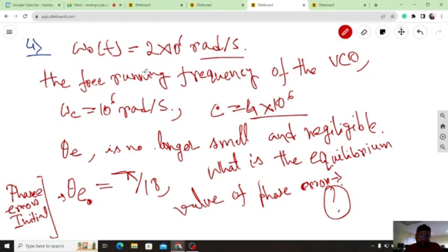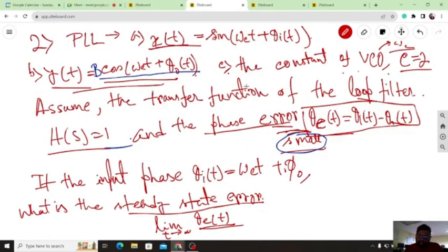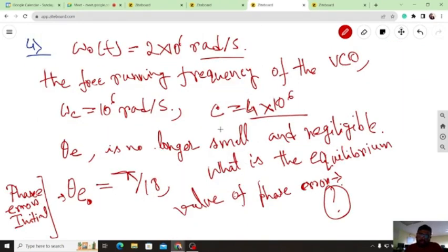So the difference here is, in the previous question we thought of small scale phase error, in this question it is no longer small and negligible.